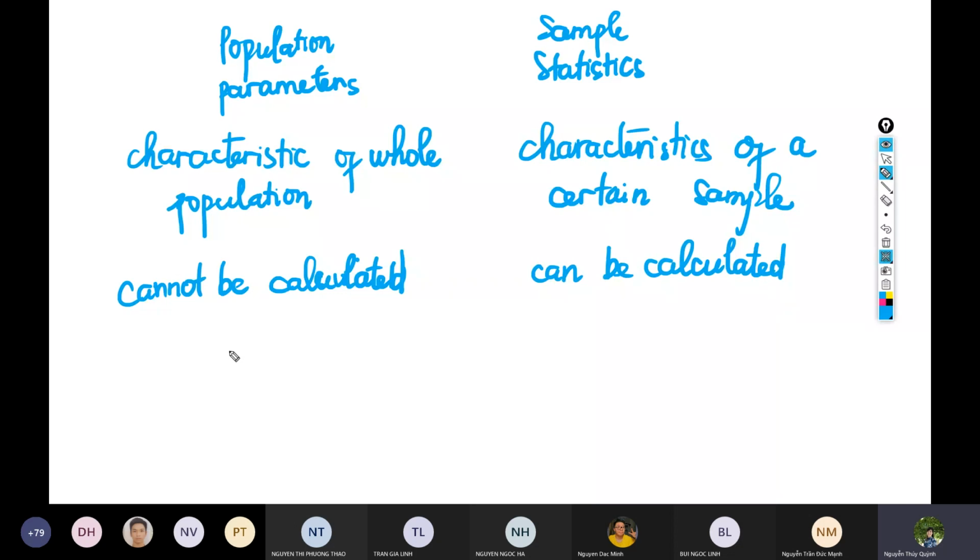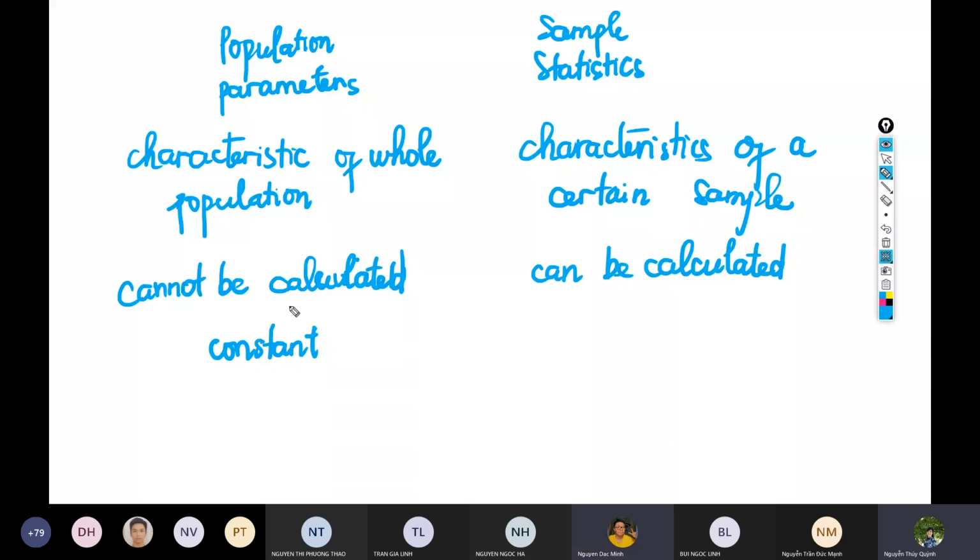Is it a constant or a variable? Is its value fixed, or does its value change? Fixed, so it is a constant. Yes, population parameters are constant numbers. Although we do not know the exact value of the population parameter, its value is constant. We just don't know it.